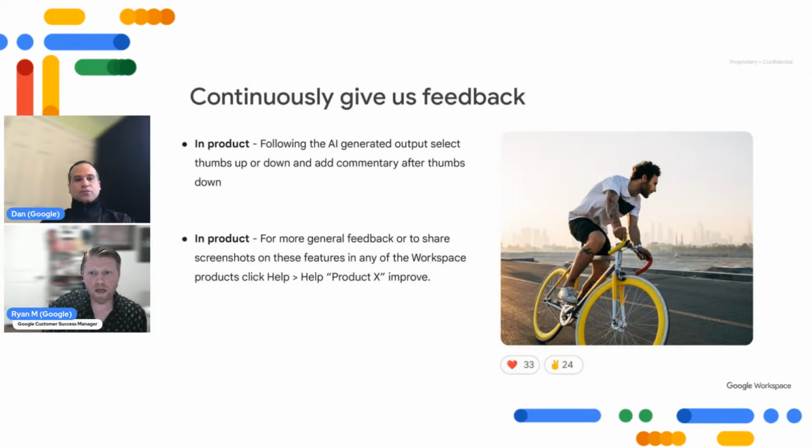And then I saw a ton of feedback in the chat during this webinar. So, if you have feedback on the product, give that to us. Once you receive an output of a prompt, you have the opportunity to give it a thumbs up or thumbs down. If you don't like it, give it a thumbs down.